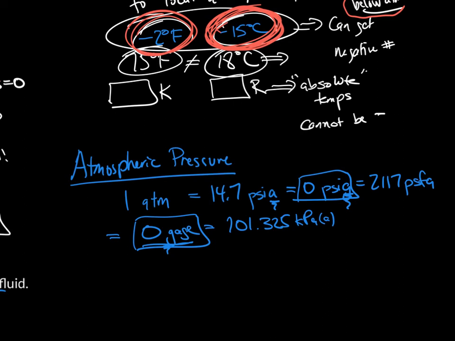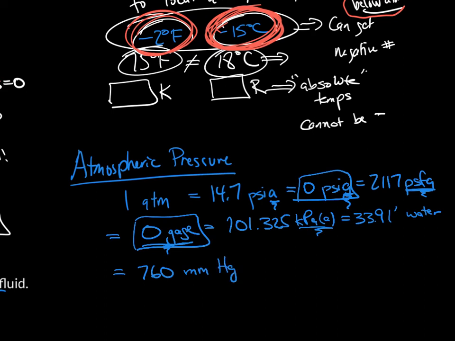And these are the more interesting ones, and we'll get into these shortly. It's 33.91 feet of water. Now that's weird because all of these are force per area, and then all of a sudden we've got just something that's in feet of water, which is pretty weird. Or we might see 760 millimeters of mercury.